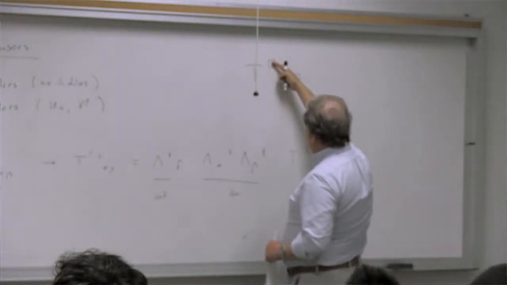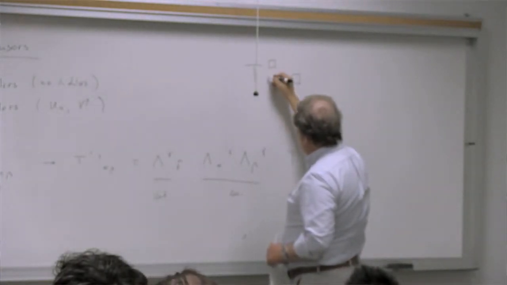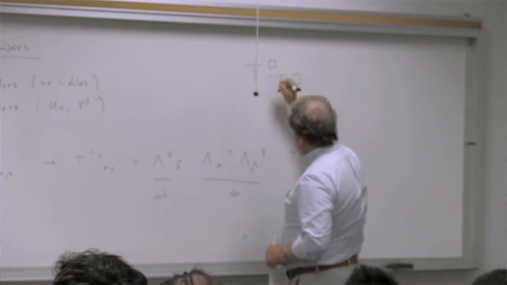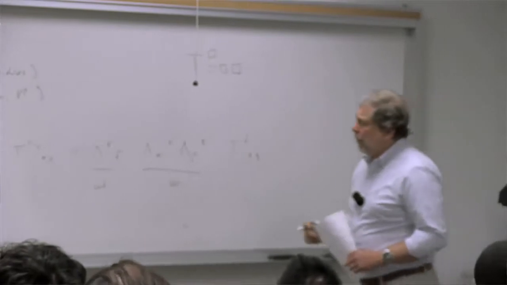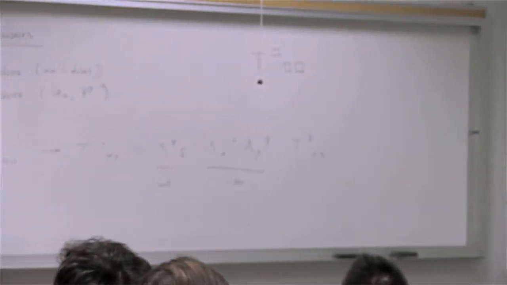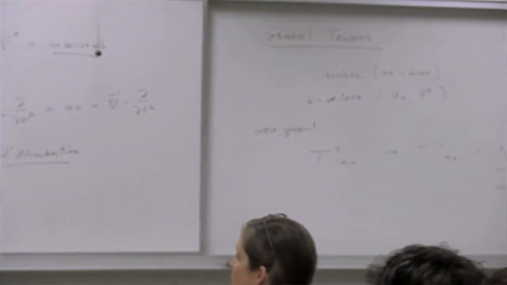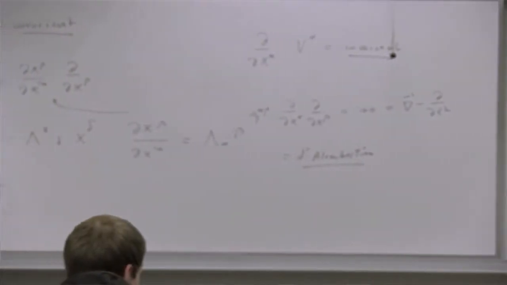So you can bring this index from up to down, bring it down here into this slot, and it will be the same tensor, but the index will be in a different location, so it will be the covariant version in the first index as opposed to the contravariant one.